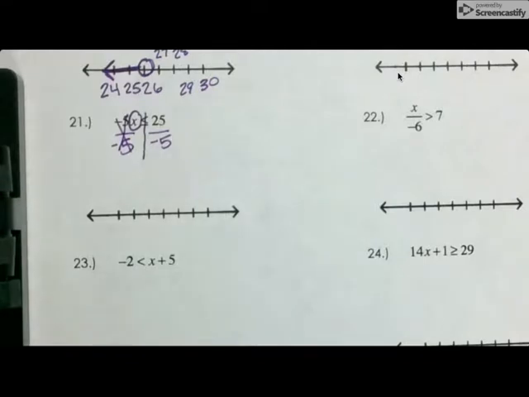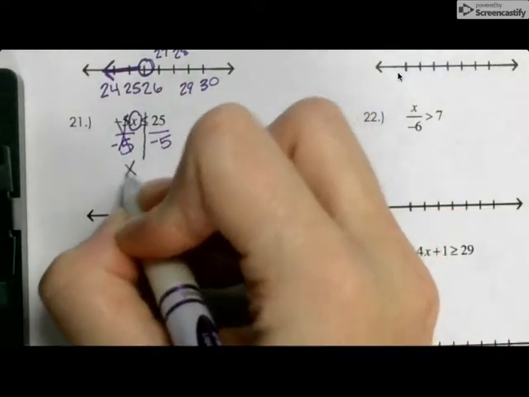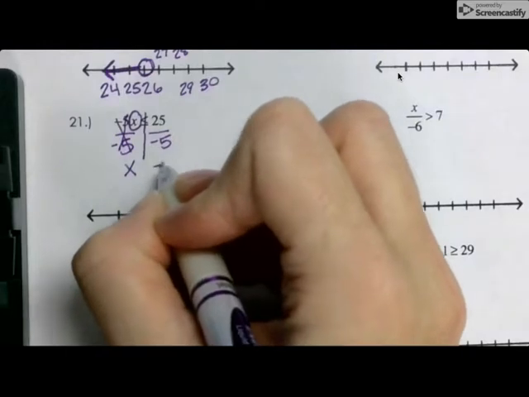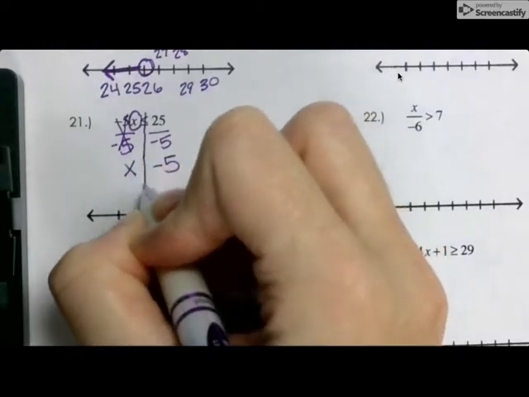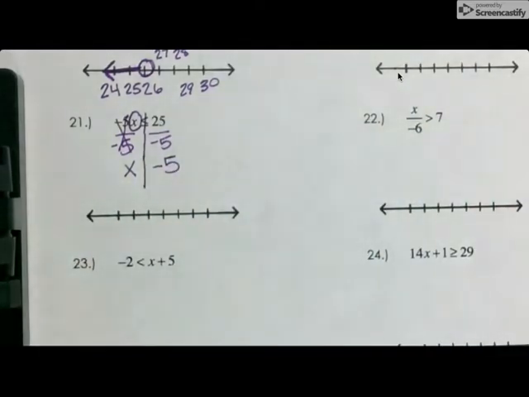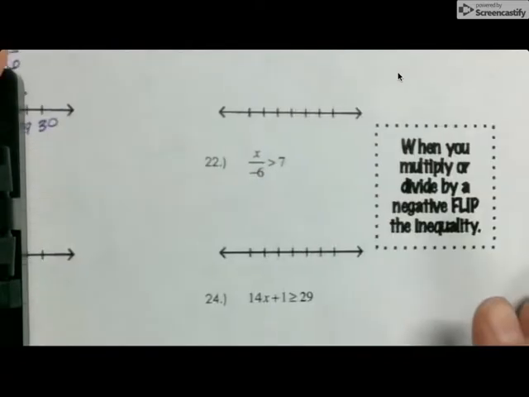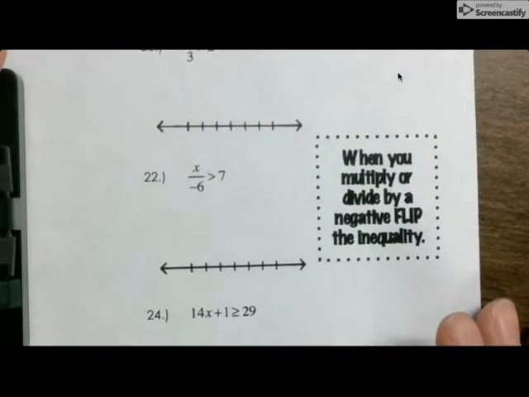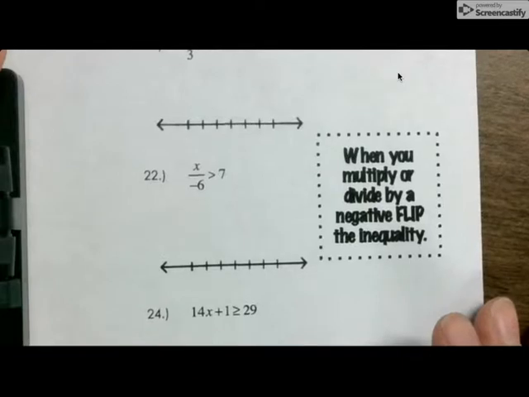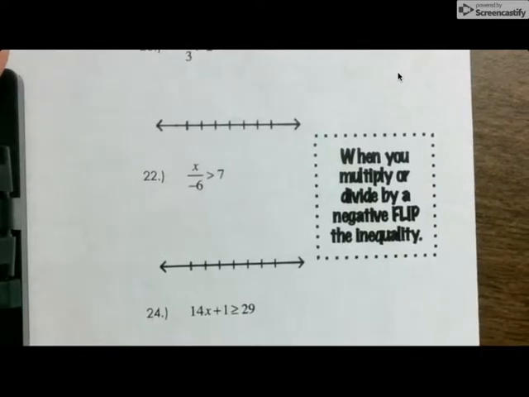To do that inverse would be to divide. 25 divided by -5 is -5. Now, if you notice on the right, it says when you multiply or divide by a negative, flip the inequality.